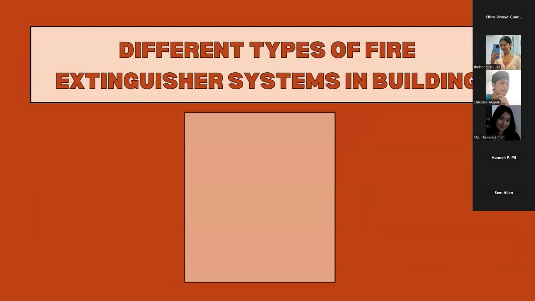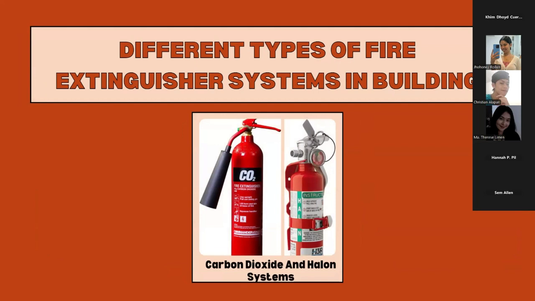The last type of fire extinguisher is the carbon dioxide and halon system. So these are two specialty extinguisher systems. Carbon dioxide extinguishers use carbon dioxide gas to suffocate the fire, while halon extinguishers release an inert gas that disrupts flame propagation by reducing available oxygen levels.